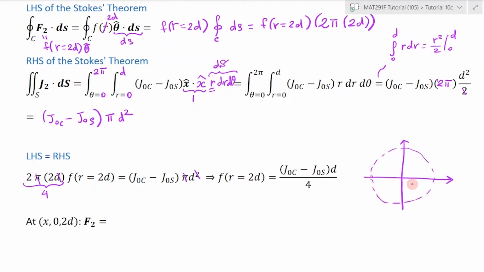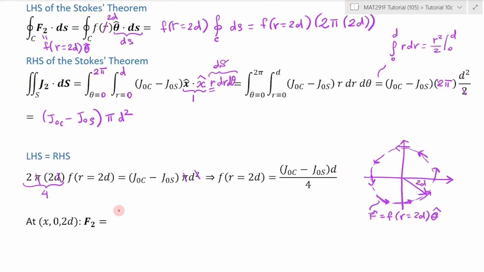This is when the distance from the x-axis is equal to 2d. So everywhere on this circle, well, cylinder, our F equals F at r equals 2d times theta hat.